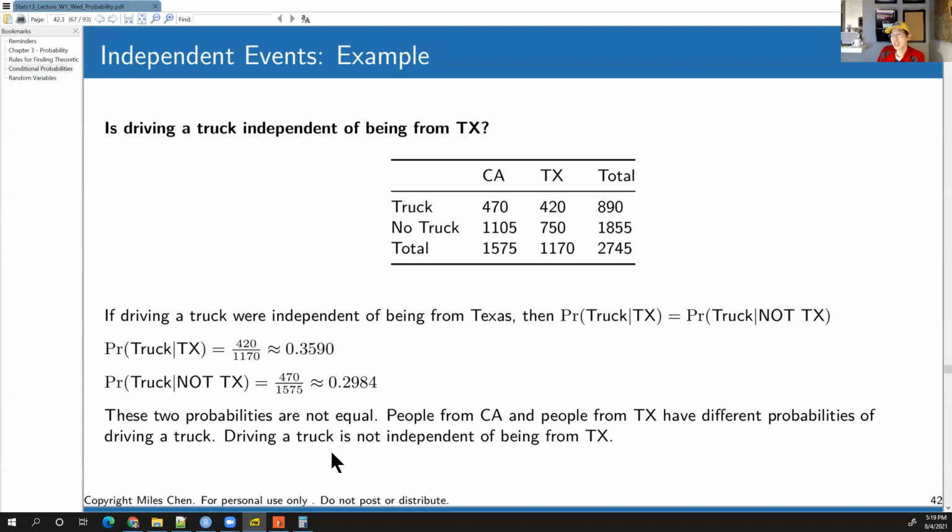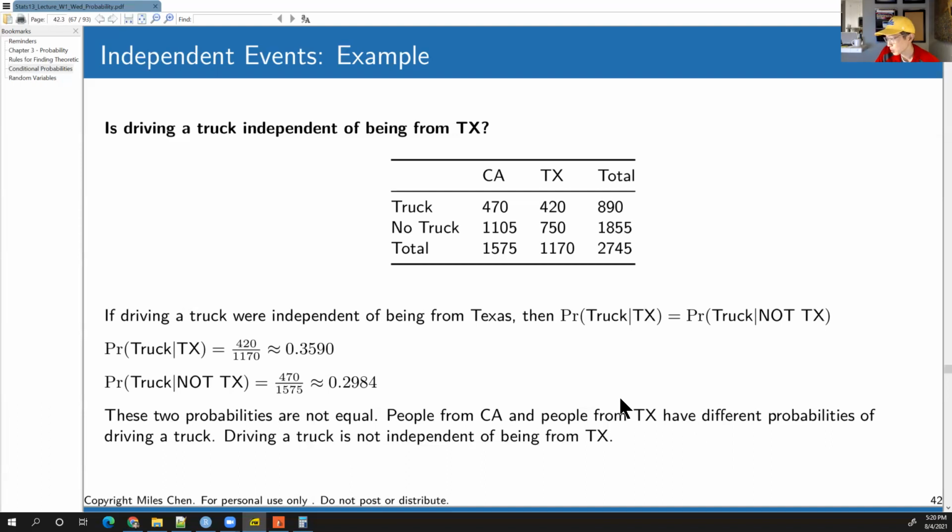You go, oh, they're from Texas, then I think there's a higher probability that they drive a truck. And so knowing that the person's from Texas would influence the probability, and influence is perhaps not the best word because that implies a cause and effect relationship. We're not saying that somehow the land of Texas causes people to drive trucks, but just the fact that there is a difference in the probability indicates that they are not independent, right?